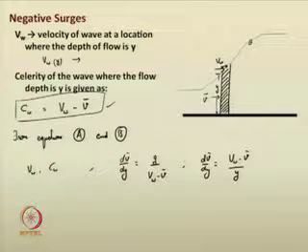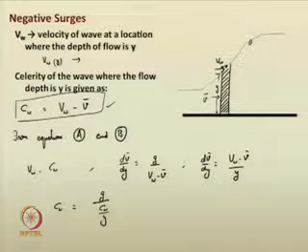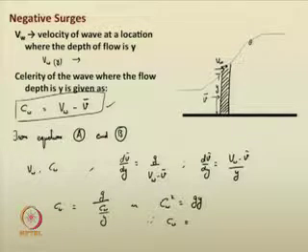So, you will get Cw squared is equal to g y. Therefore, the celerity Cw is equal to plus or minus root of g y.